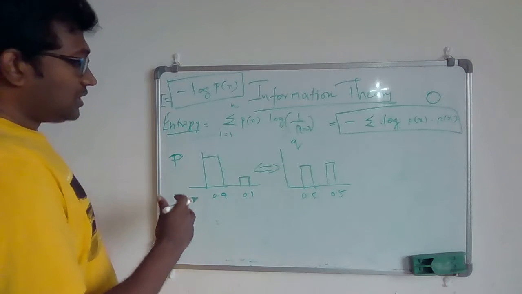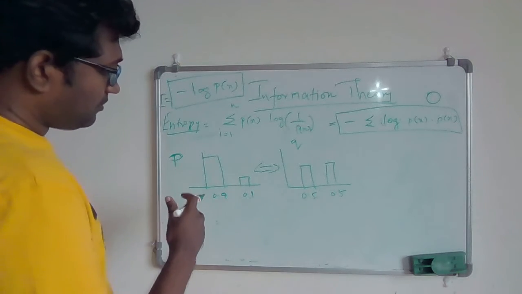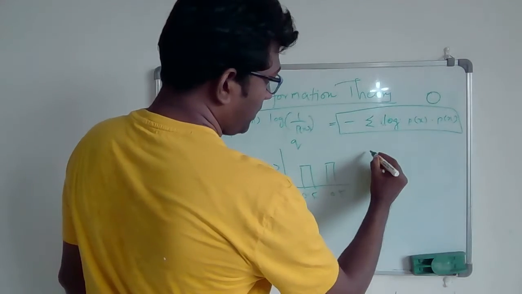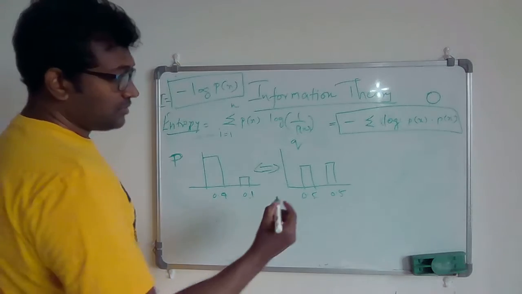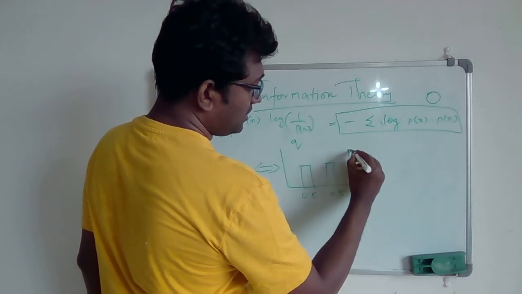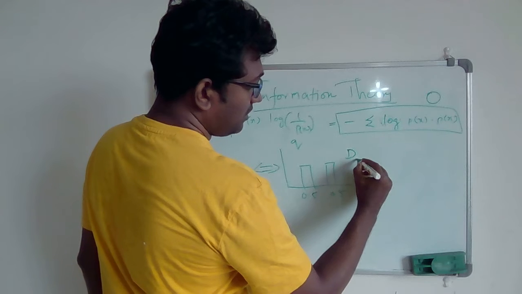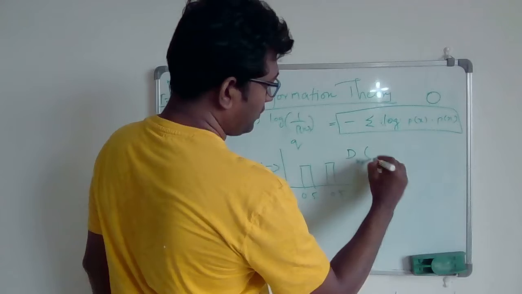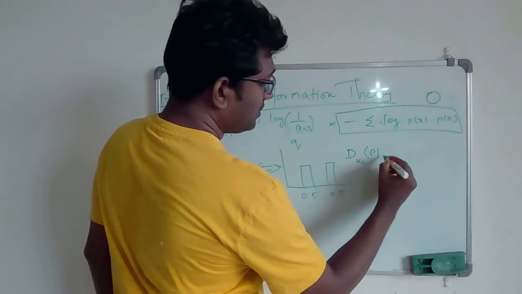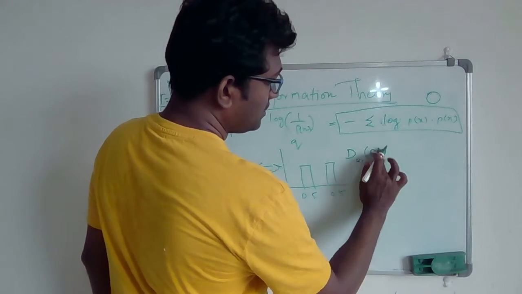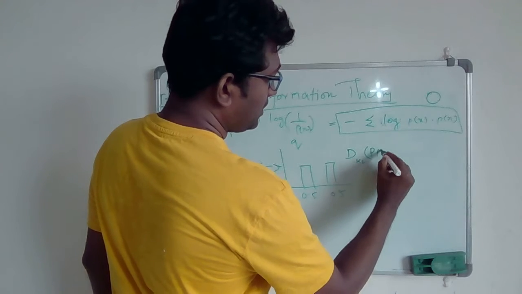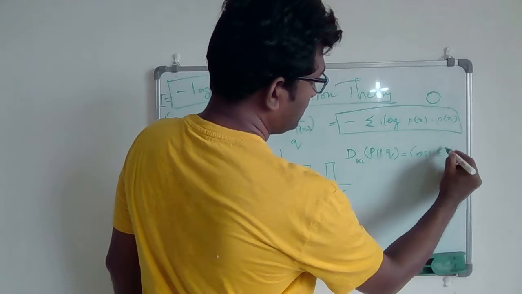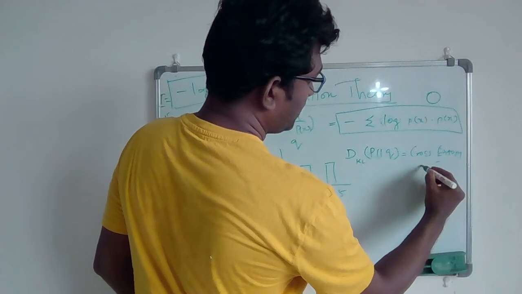This comparison of two distributions is what we call cross entropy. And there is an exact term, which is called KL divergence of P and Q, which is equal to cross entropy minus entropy.